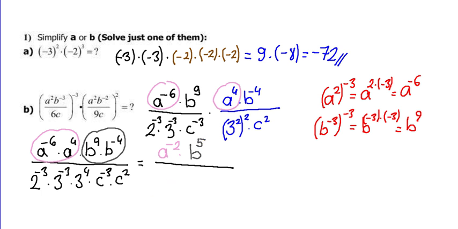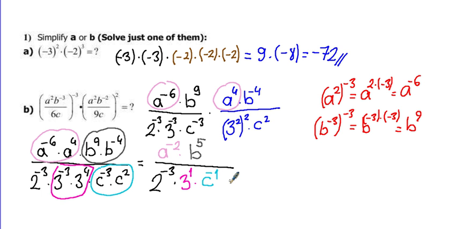And here I have 2 to the power of minus 3. You see there is 3 to the power of 4 and 3 to the power of minus 3, which makes 3 to the power of 1, which is 3. And finally c to the power of minus 3 and c squared, which is c to the power of minus 1.